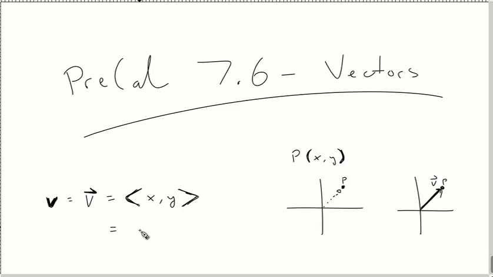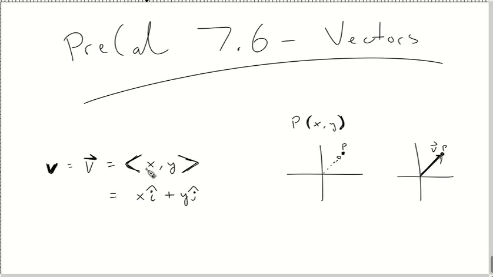Another way you can do vectors is the component form, which is going to be i and j. I and j components. So this is an x value, this is a y value.